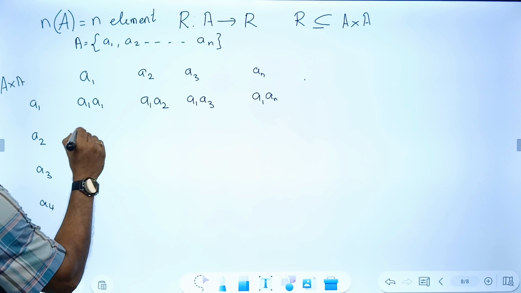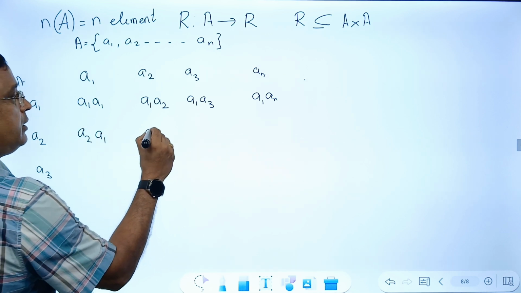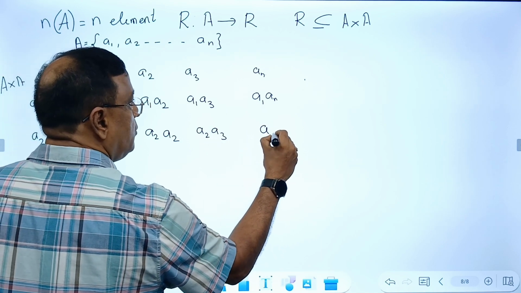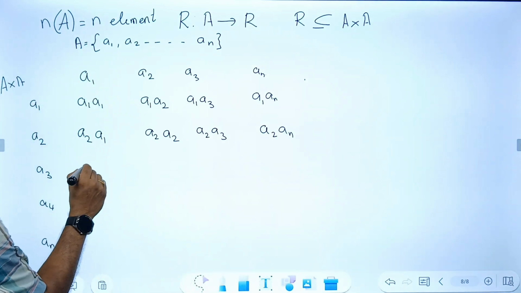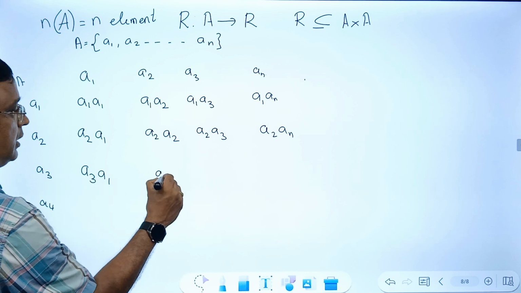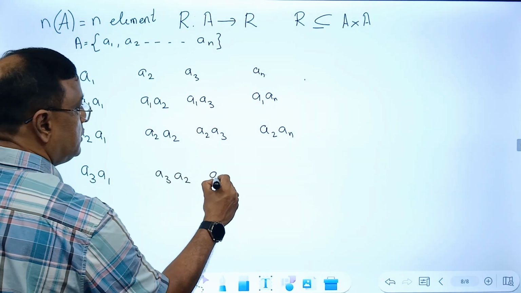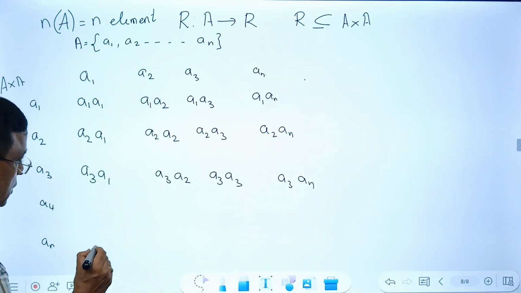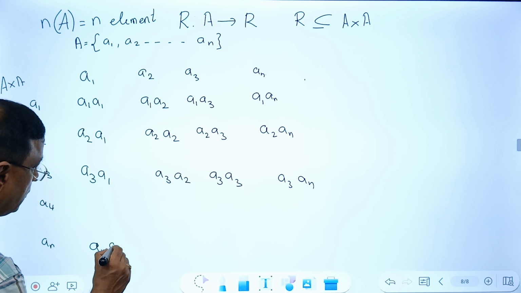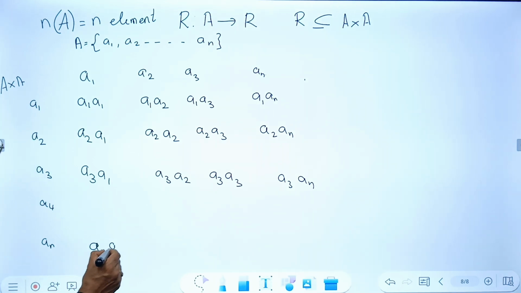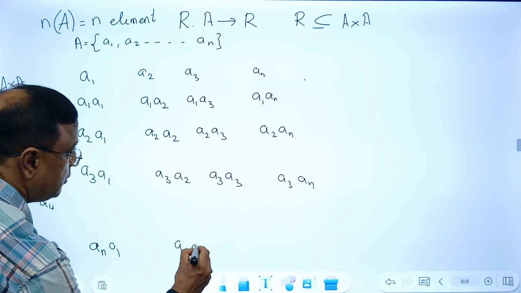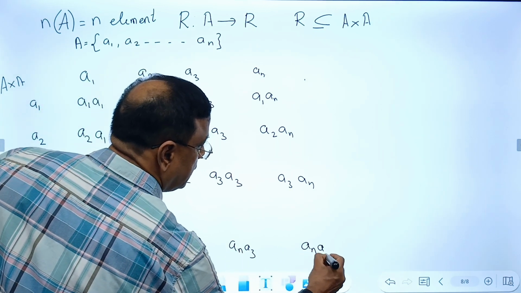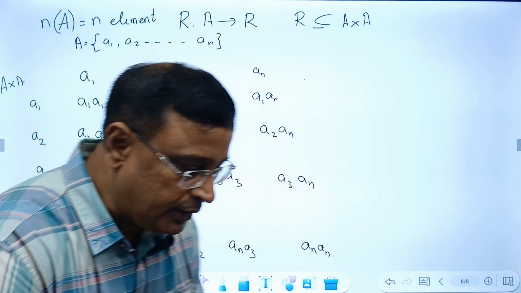What about the next one? (A2,A1), (A2,A2), (A2,A3), up to (A2,An). Then (A3,A1), (A3,A2), (A3,A3), up to (A3,An). If you continue like this, you get (An,A1), (An,A2), (An,A3), and finally (An,An). So there will be totally n cross n elements.